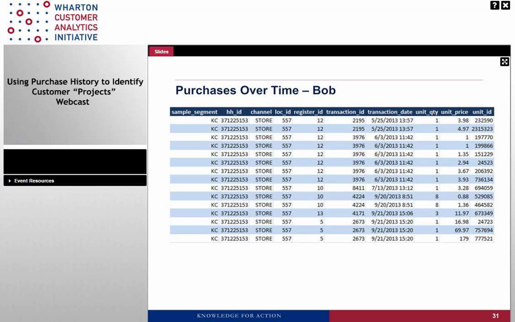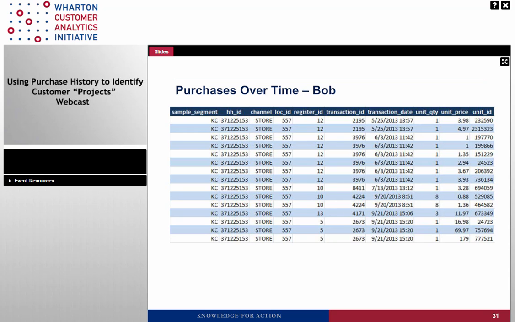We see the location ID or the store number. We even see which register in the store he used over time. And then we'll see the transaction ID, which is kind of the one basket at any one purchase, that has the transaction date, the number of items, the price, and the SKU or the individual products that he was buying.